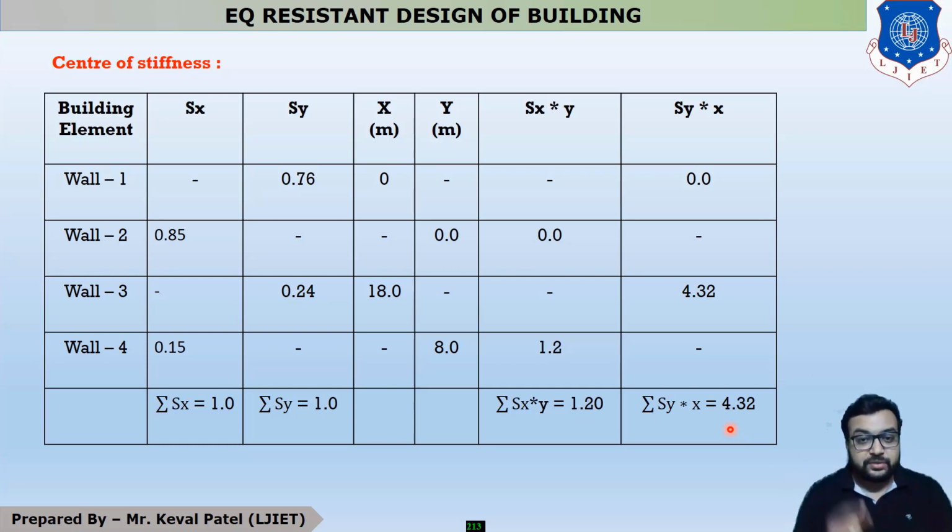Now the most important equation. Whenever you have to find the center of mass in x direction, the equation is summation of w into x divided by summation of w, so the multiplication is x.